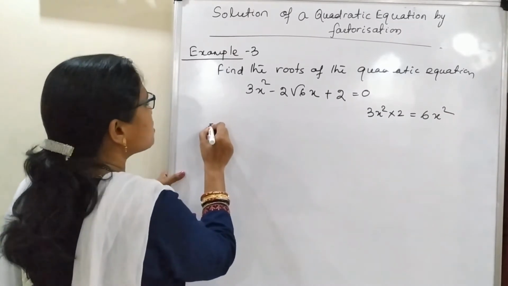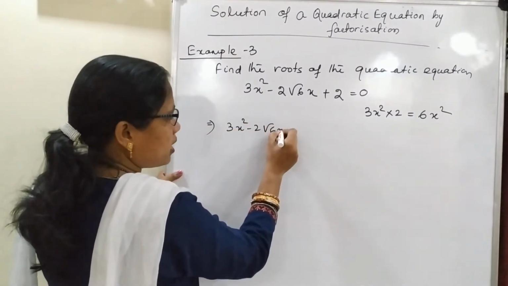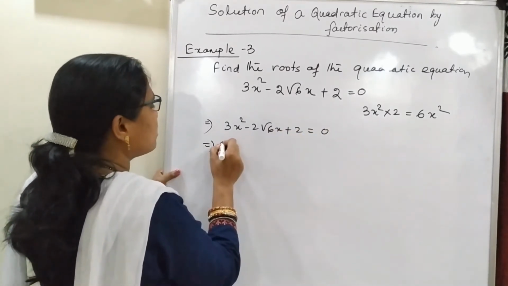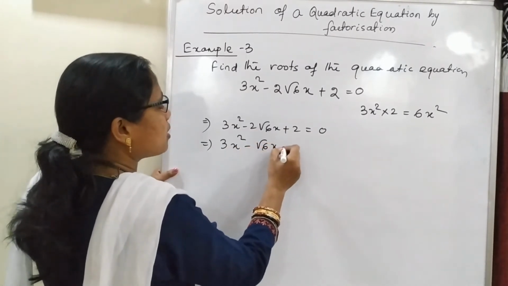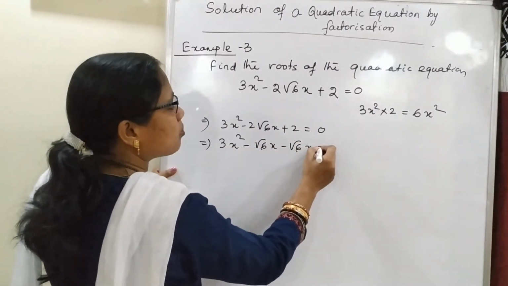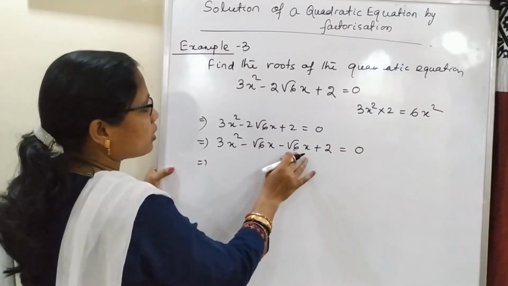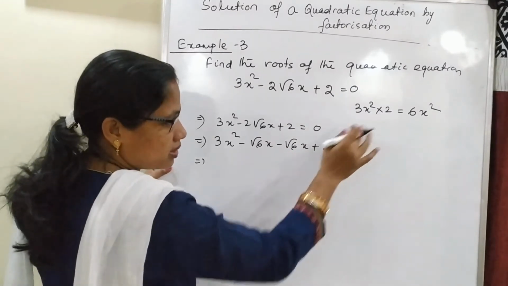So 3x square minus 2 root 6x plus 2 is equal to 0. We can split like this: 3x square minus root 6x minus root 6x plus 2 is equal to 0. So their product is minus root 6x multiplied with minus root 6x, that is 6x square.